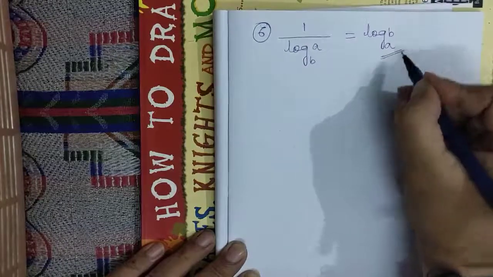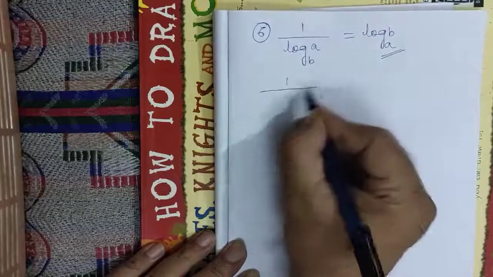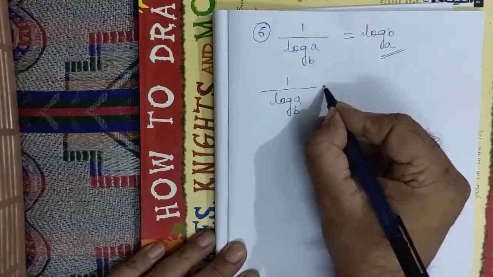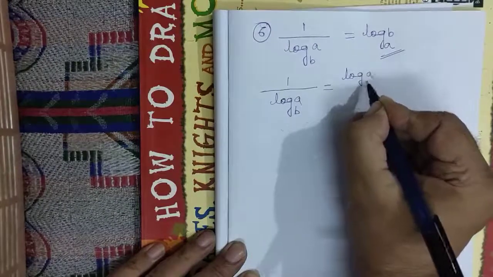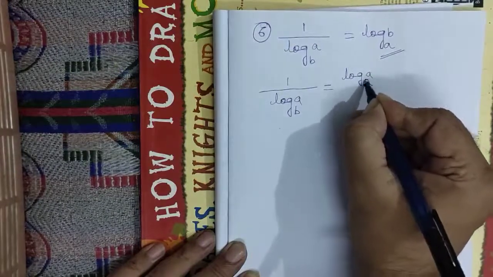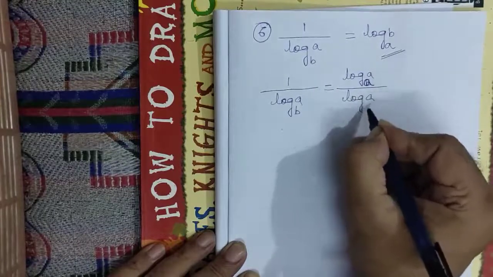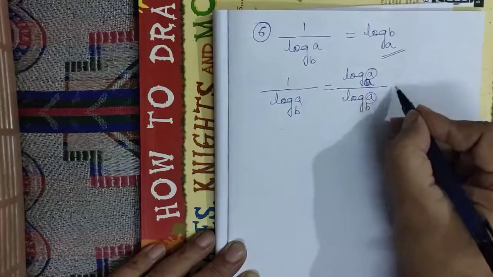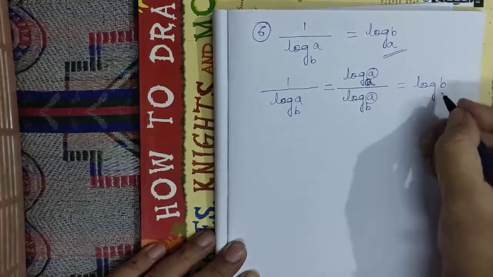I'll be proving this using the previous property. 1 divided by log a base b, can I write it like this? Log a base a, divided by log a base b. These two quantities are equal, so it has to be log b base a.